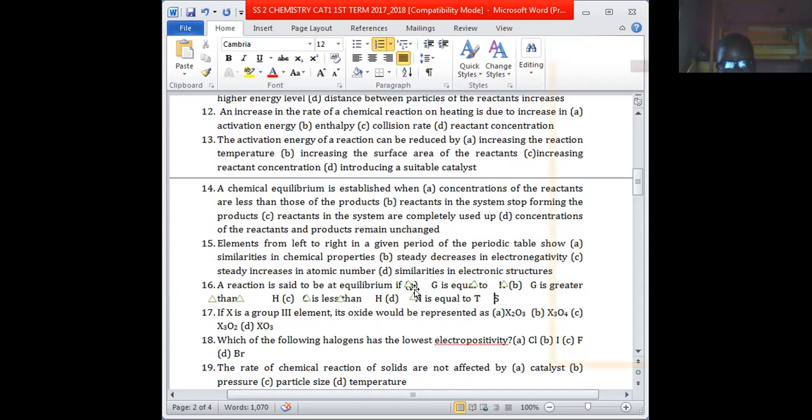D. No, it's C. Fluorine. Fluorine is highly electronegative, the highest electronegative element in the halogens, so it will also have the lowest electropositivity. Okay, number 19.